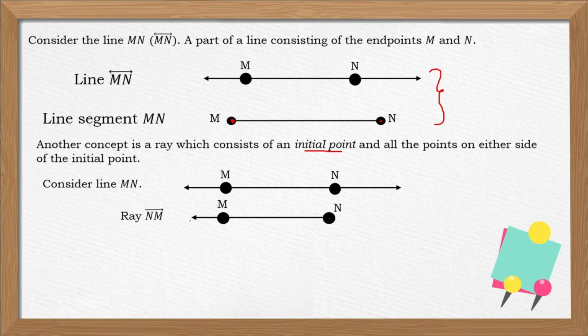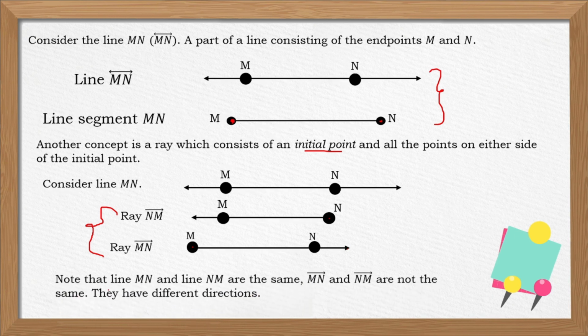We can also have ray MN, which has one endpoint and one arrowhead that extends to one direction. The difference between ray NM and ray MN is they extend to different directions.